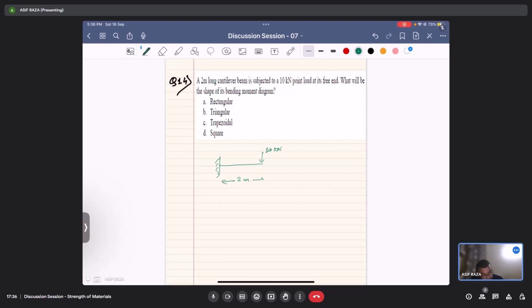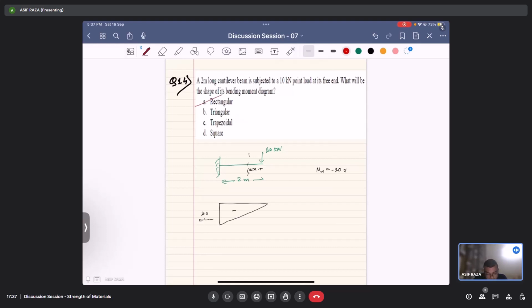So at this end it would be 0, at this end it would be 20, because the moment at x is 10x. If I take this as x, or rather minus 10x, so minus 20 kilonewton meter. The answer is option A, rectangular.